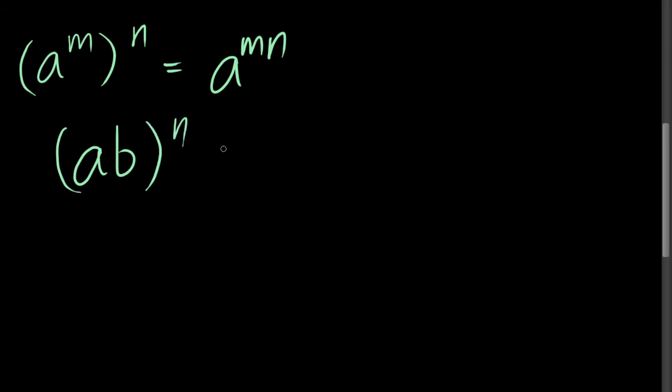What if, a certain number or variable nga may exponent na nga daan raised to another exponent? Ang iya sini nga answer should be a raised to m times n. Okay. I think in your module nakita ninyo that may isa pa gid ka separate nga law, which is (ab) raised to n. Ang iya sini nga answer was a raised to n, b raised to n.